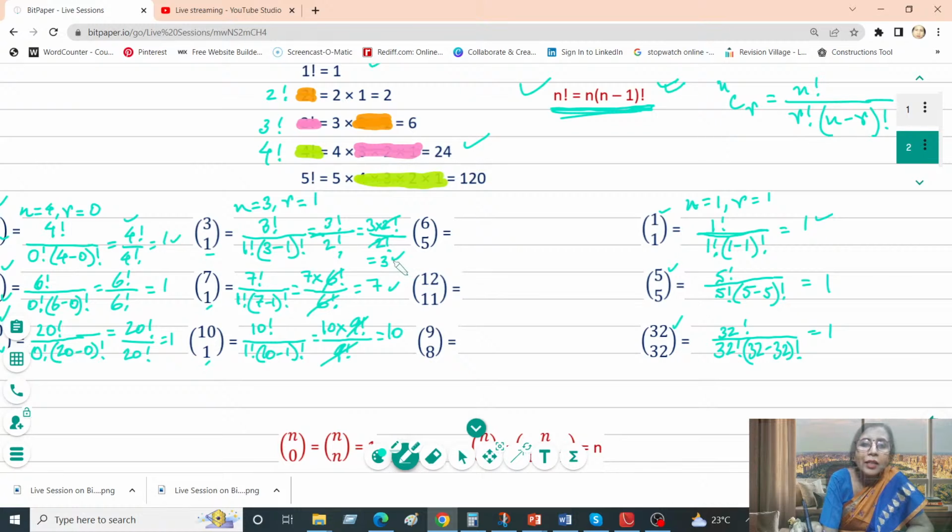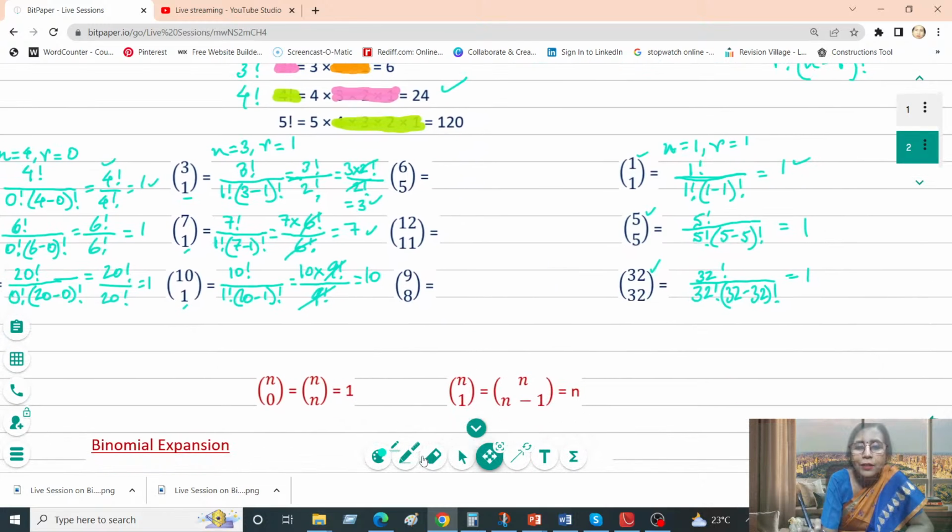You just write the coefficient as the value of n. You get the second term's numerical coefficient. You simply don't have to calculate anything, because nC1 is equal to n. Okay. So that is the relation that I have written over here: nC1 is equal to n.